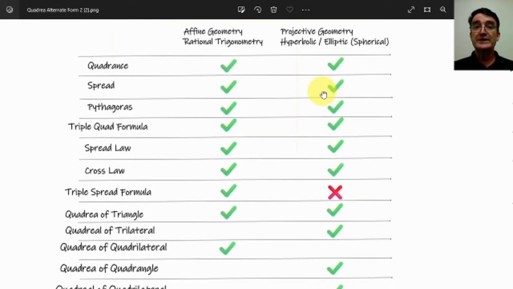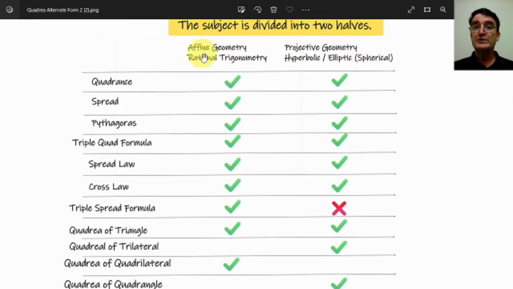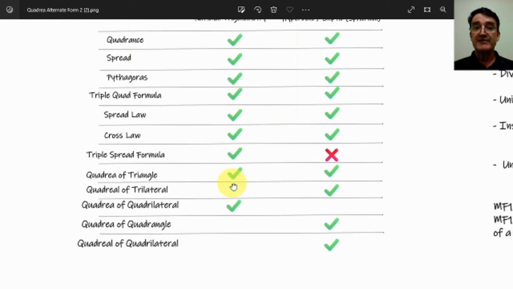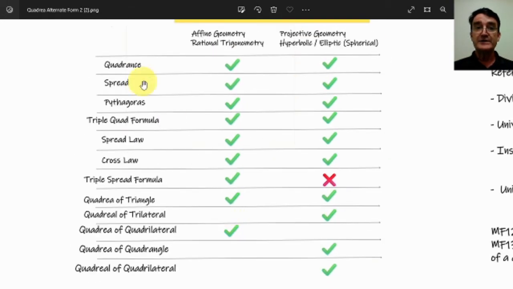In these two halves of the subject, under affine geometry or rational trigonometry, we have these quantities of interest and these formulas of interest. There are existing formulas that have been previously derived for these quantities in both affine geometry and projective geometry.